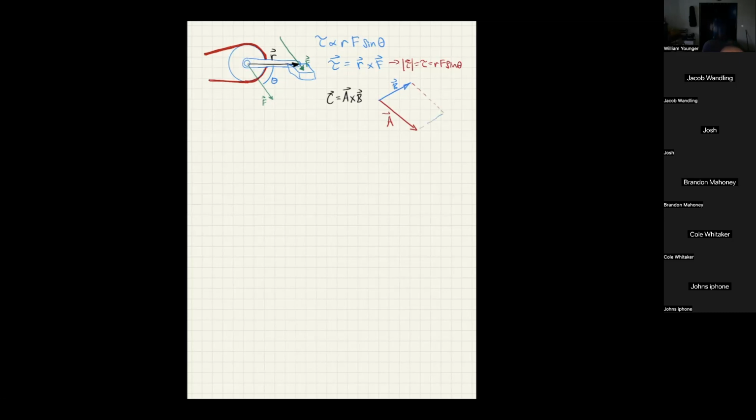The area of this parallelogram is equal to A times B times the sine of theta, where this quantity right here is theta. And lo and behold, guess what? The vector C is perpendicular to the vector B, and it's also perpendicular to the vector A.